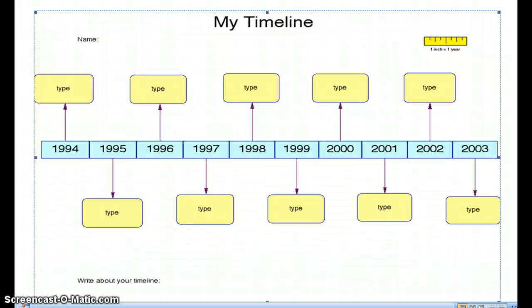Timelines can also be used to personalize something. Let's say you wanted to add relevance by having the student know where they were at a particular point in time and what was taking place in their life during that period. They could fill in some of the blocks across the top part here.